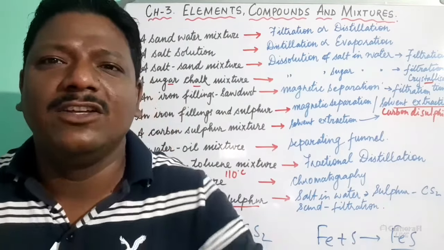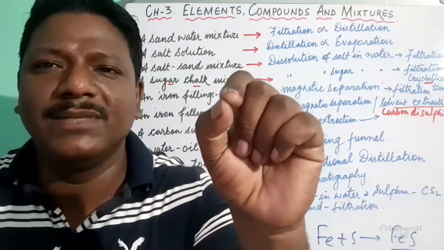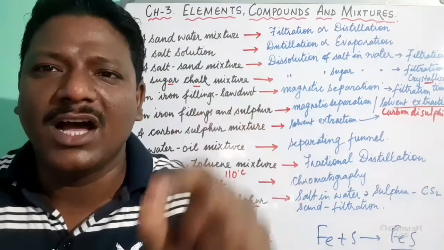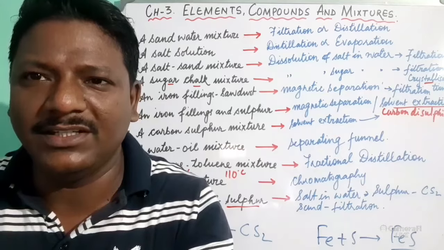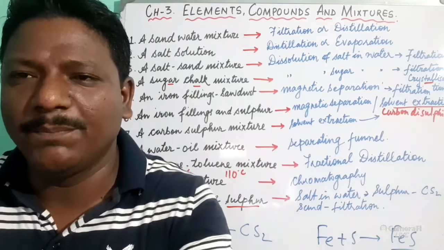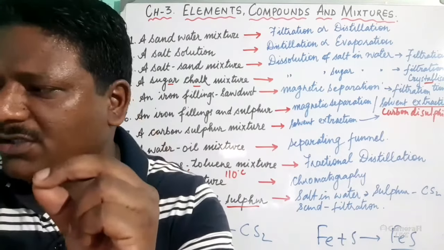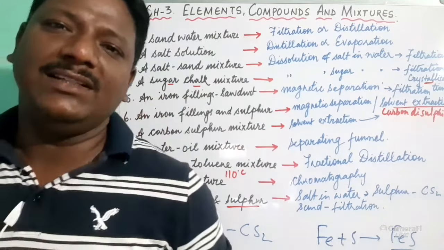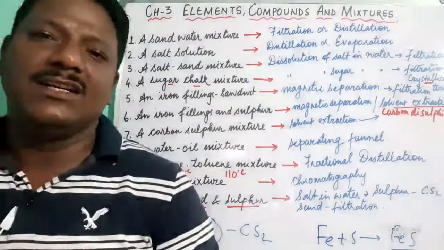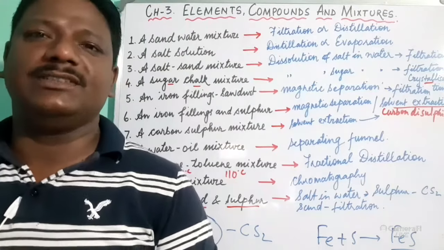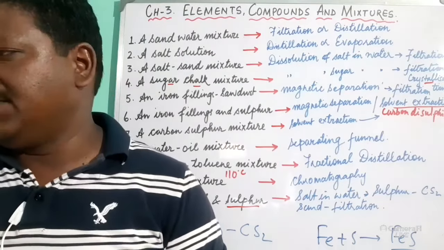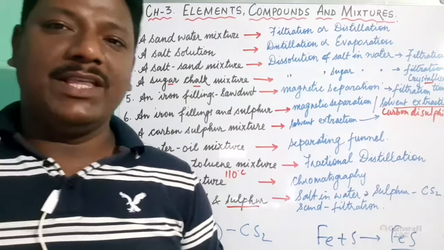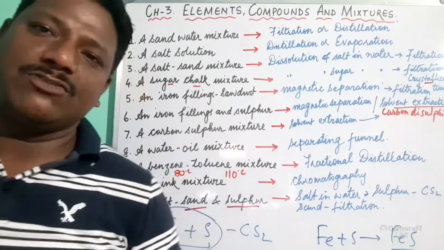Then you write all the methods and all the points, how the solvent and the paper separate the spots of the two colors, and in this way you can separate the dyes of the ink with the help of paper chromatography.